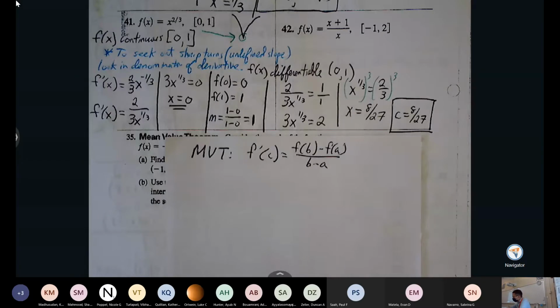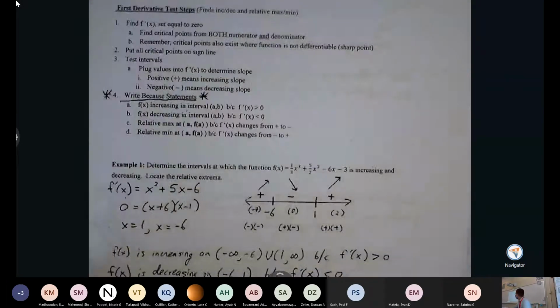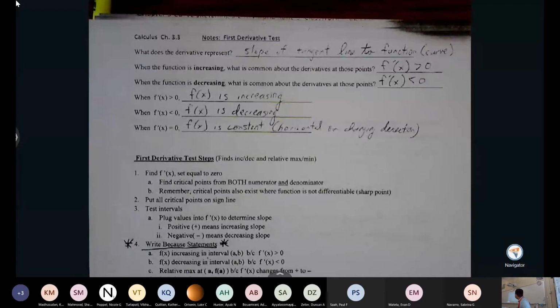Okay, so here's 3.3. Hopefully you guys have the notes. I'm going to have you guys copy this down first. Just some review with what the derivative represents. Derivative is the slope of a tangent line.